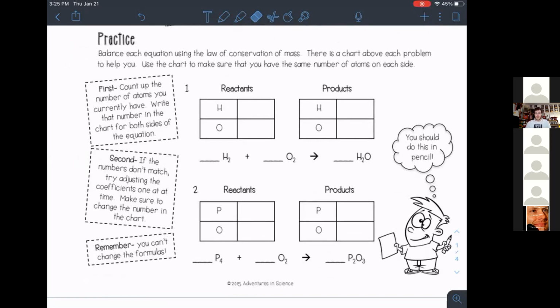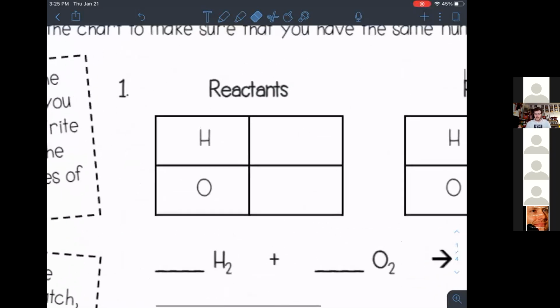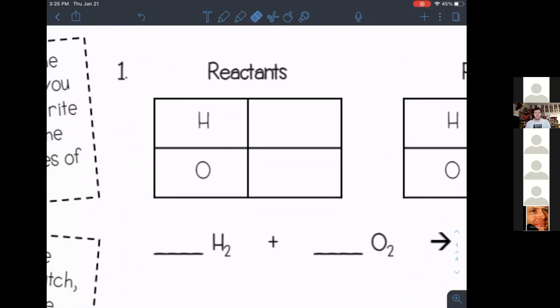So can anybody tell me on this reactant side, how many hydrogens do we have right now? 2. We have 2, perfect, because that subscript tells us there are 2 of them present. And how many oxygens do we have? 2. 2, perfect.